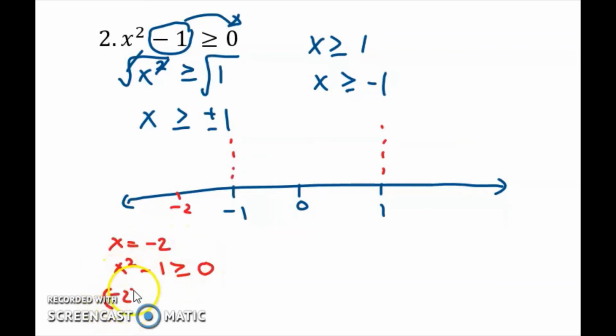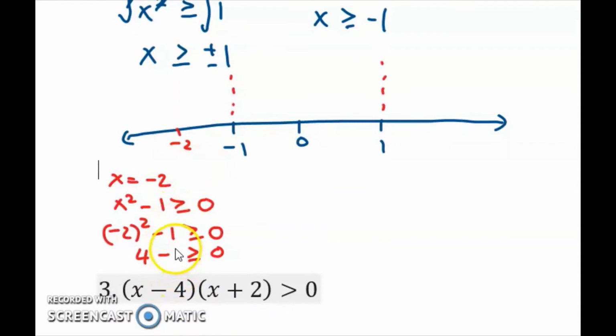So, -2, you square it, minus 1 greater than or equal to 0 ba siya? What is -2 squared? That is 4 minus 1. Is that greater than or equal to 0? Okay. So, what is 4 minus 1? 3. So, is 3 greater than or equal to 0?